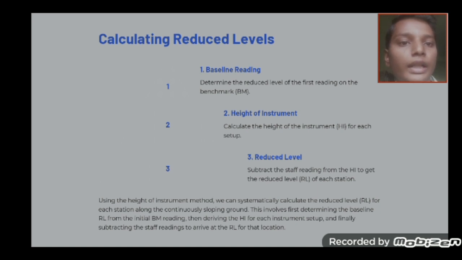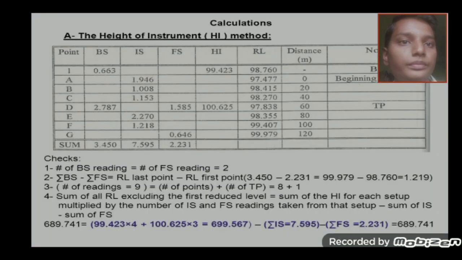Using the height of instrument method, you can systematically calculate the reduced level for each station along the continuously sloping ground. This involves determining the baseline RL from the initial BM reading, then deriving the HI for each instrument setup, and finally subtracting the staff readings to arrive at the RL for that location.